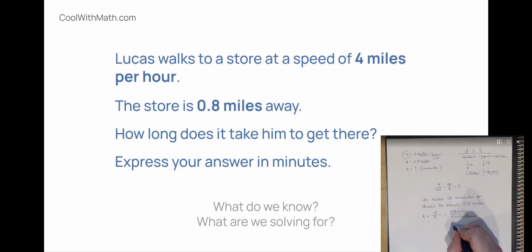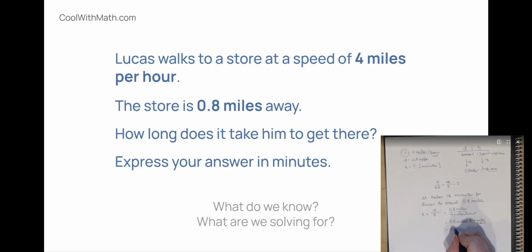And recall that the fraction bar is nothing more than a different version of division. So we have 0.8 miles divided by 4 miles per hour. I'm going to write that as a fraction within a fraction here. And so we can use keep, change, flip. So we have 0.8 miles multiplied by the reciprocal, which is just hour over 4 miles.